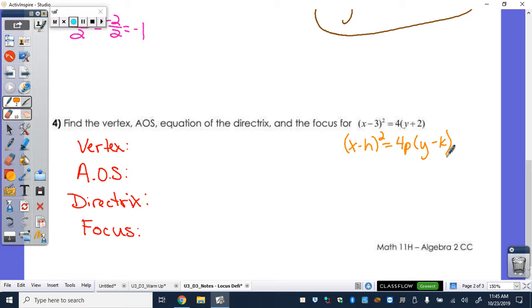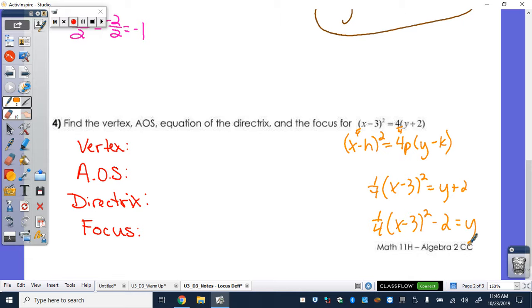You could rearrange it to be like the other one that we've been doing, in which case you would divide by 4. That would give you 1/4. X minus 3 squared equals y plus 2. And then subtract your 2. So then you can get it into the other one that we've been using on the other two.